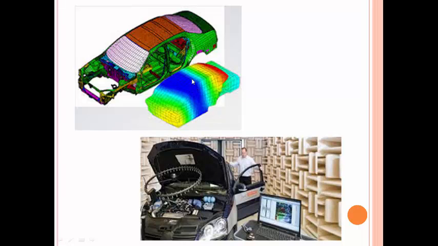This is the internal cabin of the vehicle showing no vibration, and gradually as we move to the rear part we can see that there's a slight increase in the intensity. This is due to the presence of the exhaust. This is a typical example of how NVH analysis is being carried out at Bosch Industries.